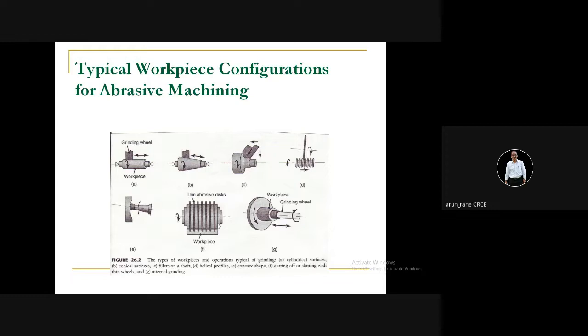And if it strikes any operators below or anybody in the vicinity, death can occur immediately because of two reasons. One is that it is rotating at very high speed and moves like a bullet, and second is that abrasives themselves are poisonous.